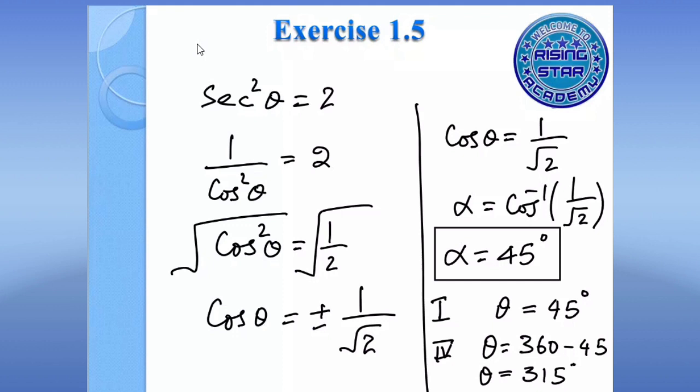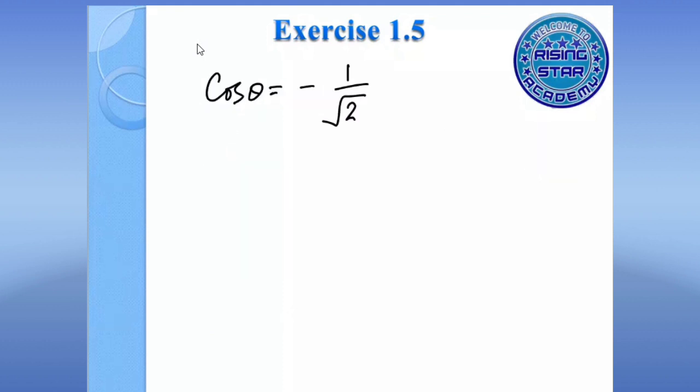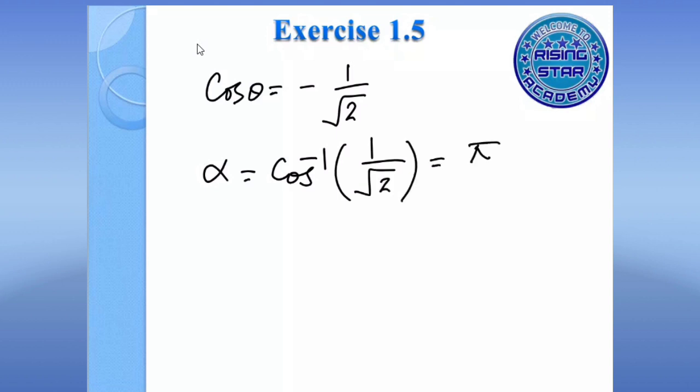Now we'll solve cos theta is equal to negative 1 over root 2. Now we will find the basic angle alpha, that would become pi by 4 after taking the cos inverse of 1 over square root of 2. We know that cos is negative in quadrant 2 and quadrant 3.